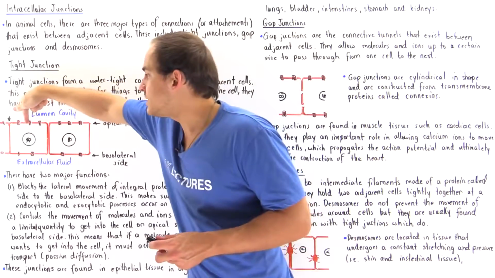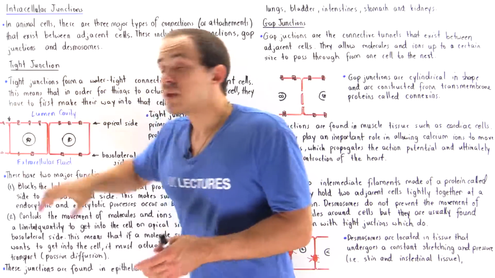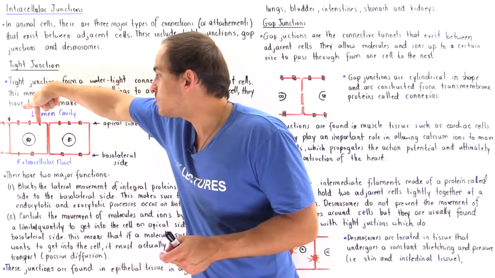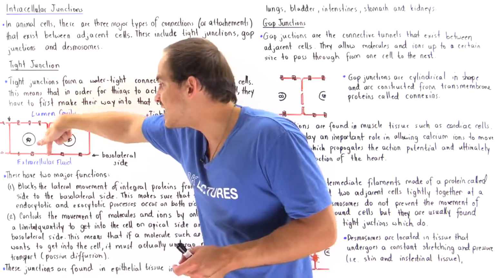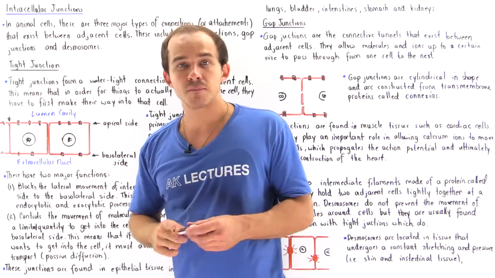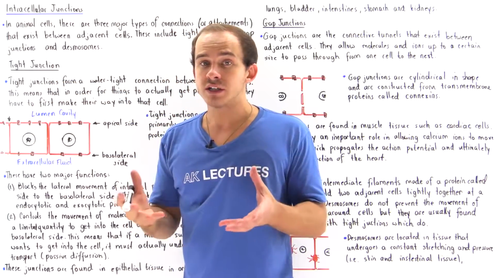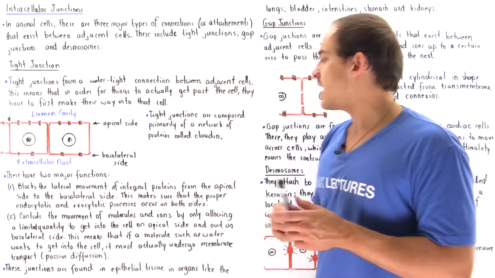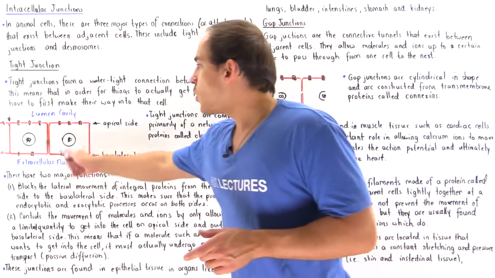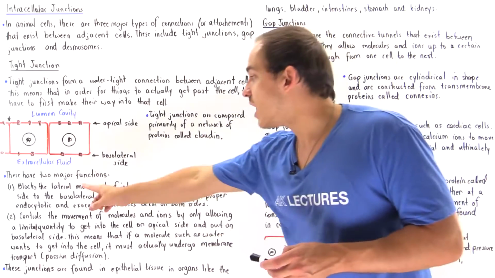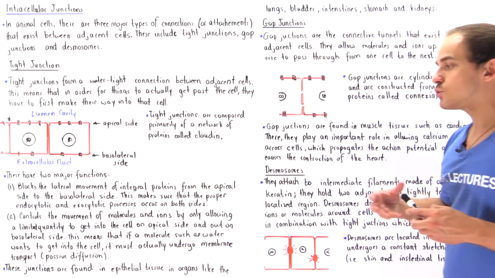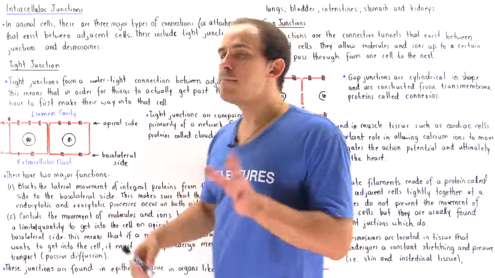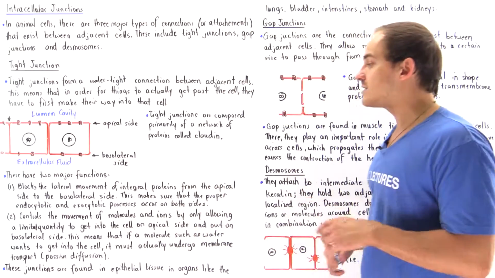So our proteins can move around the cell. But when we have tight junctions, these integral proteins cannot actually go to this side of our cell membrane. And that's very important in basically controlling endocytotic and exocytotic processes. So our tight junctions block the lateral movement of integral proteins from the apical side of the cell membrane to the basolateral side of that cell membrane.